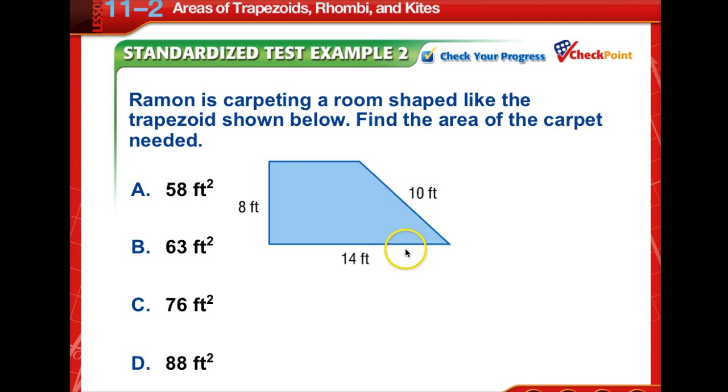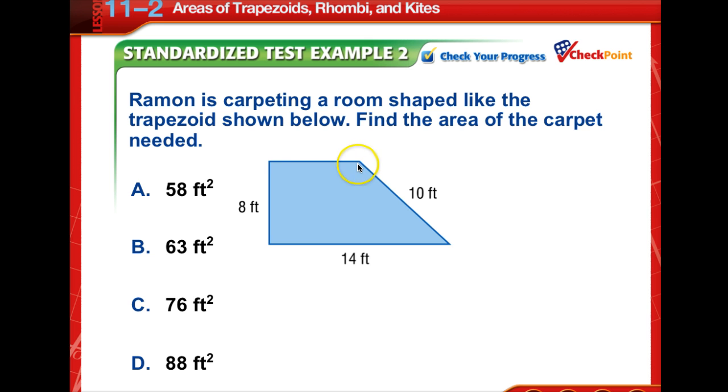We're trying to find this measurement, which is 8 squared plus b squared equals 10 squared. B ends up equaling 6. So I know this part is 6. 14 minus 6 is 8, so I know that this portion is also 8.